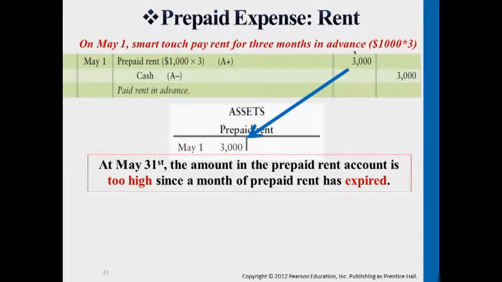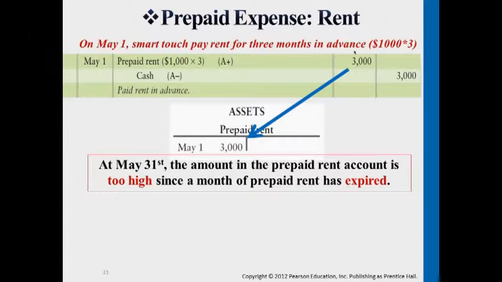Okay, so let's take a look at an example here. What does this transaction tell us? So May 1st, do we have cash inflow or cash outflow? We have cash outflow for the purpose of getting the benefit of using a certain location for how long?